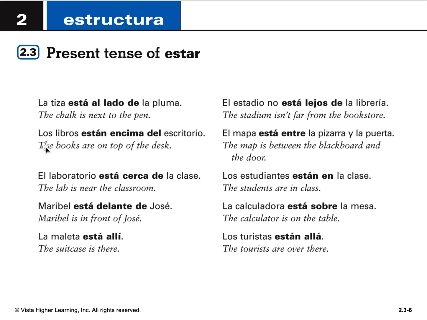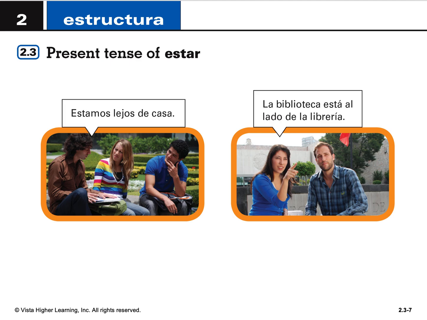So when I'm saying it's next to something, when I'm saying it's on top of something, those are all locations that are going to utilize those prepositions we just saw. And just as a reminder, we could say, estamos lejos de casa, la biblioteca está al lado de la librería. So we can be talking about buildings and locations of buildings and not just people. And we're able to utilize estar for those same parts.